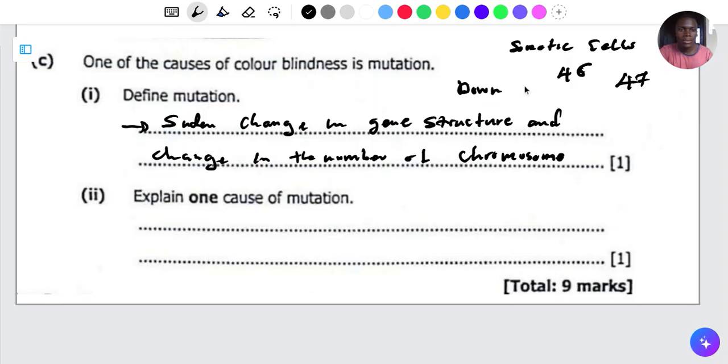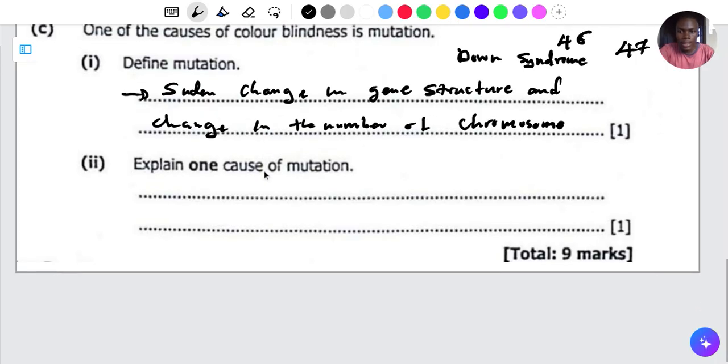Down syndrome is where a person has 47 chromosomes in the somatic cells. We also have Turner syndrome, trisomy 21, all those things, and also Klinefelter.